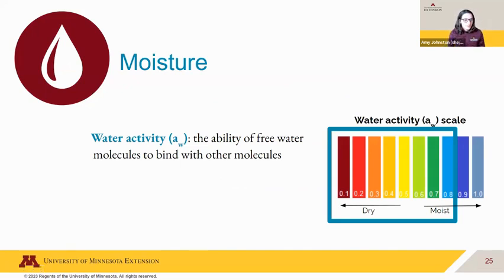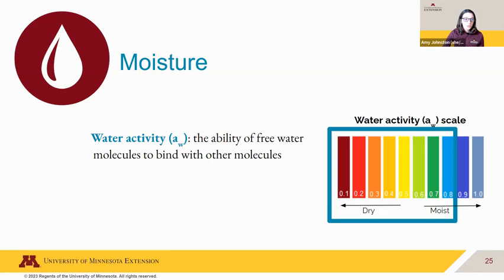Pathogens also need moisture or water to grow and survive. How easily pathogens can get the water for growth is impacted by the water activity of that food. Water activity is the ability of free water molecules to bind with other molecules.